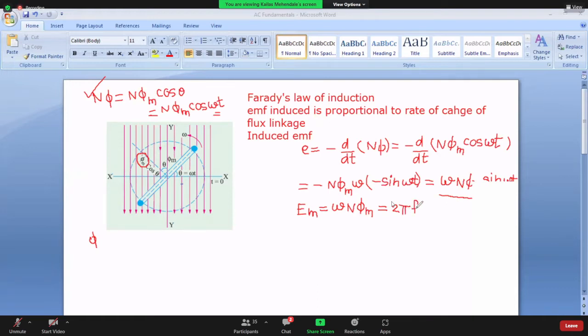I hope you all know about this conversion. Into N, phi m, times A, where B is equal to Bm.